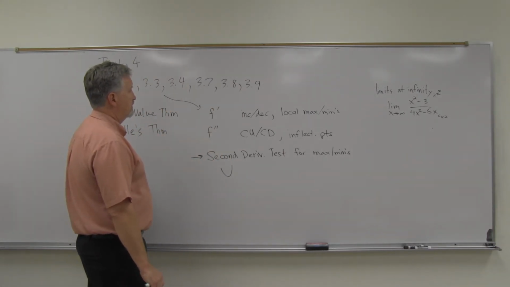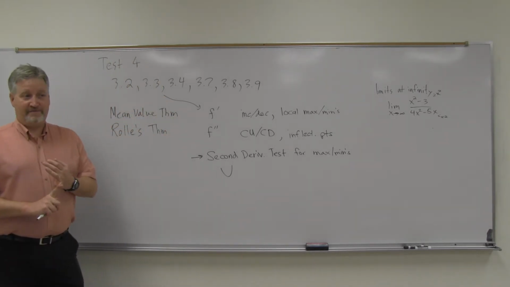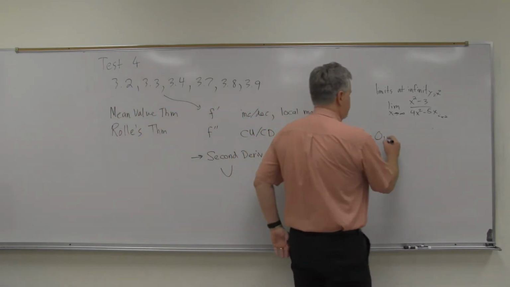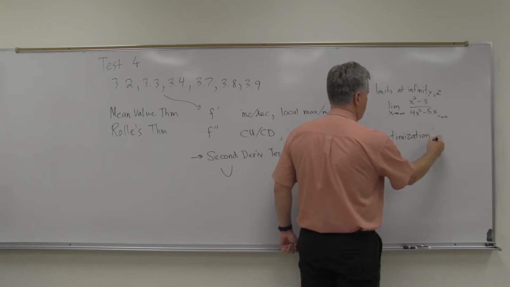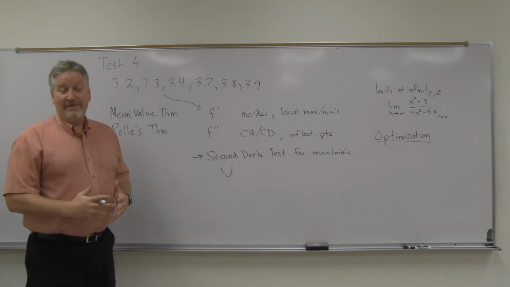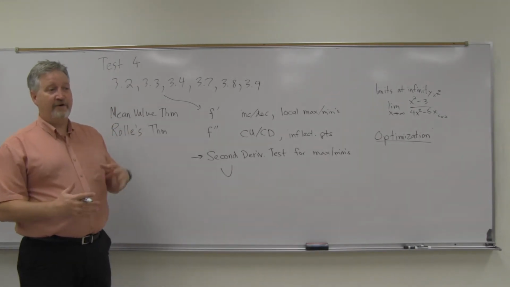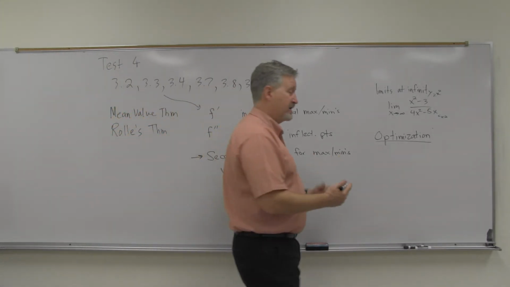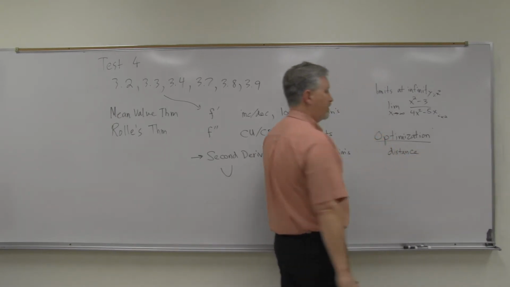Let's see, 3.7, I believe, was our optimization problems. I'm not going to go through those all again, but I would suspect at least one of each kind. We had the distance ones, maximizing or minimizing the distance. Probably one of those.